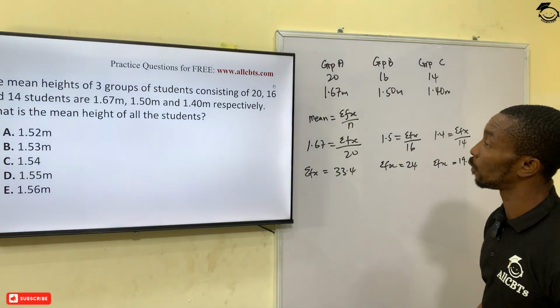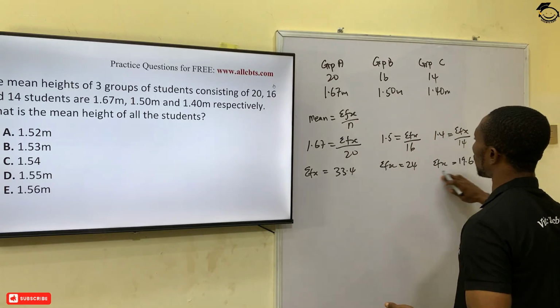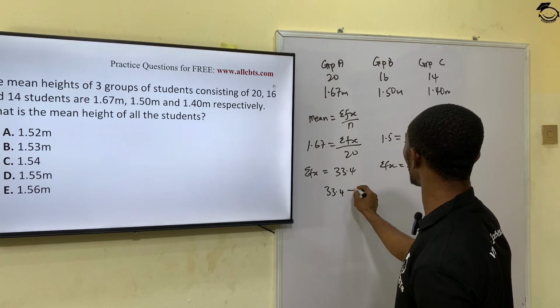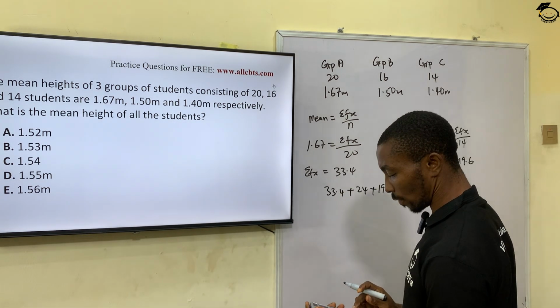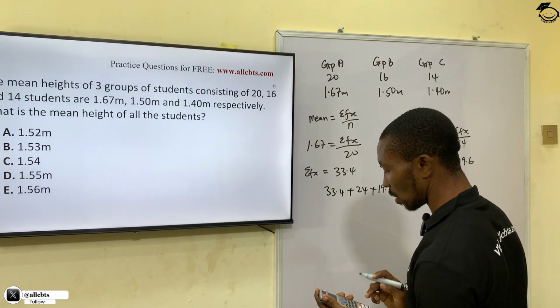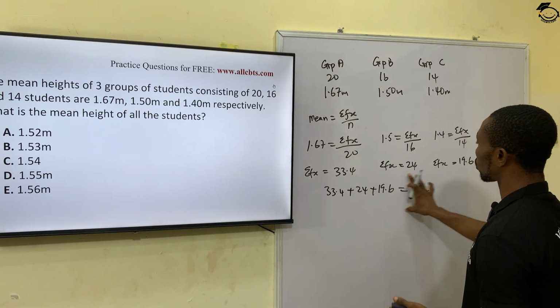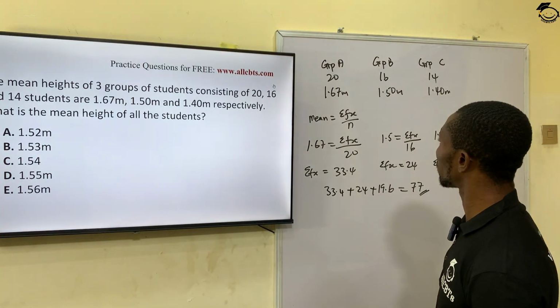Now, since we are looking for the mean height of all the students, we are going to add up all our ΣfX. So we have it as 33.4 plus 24 plus 19.6, which will give us 77.